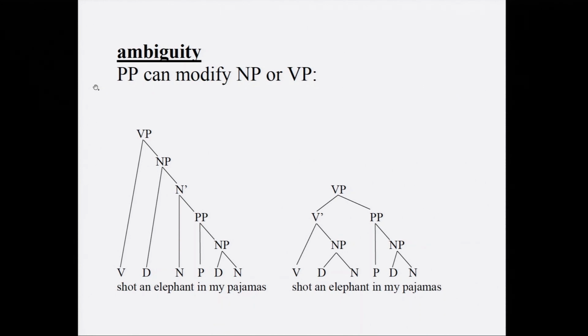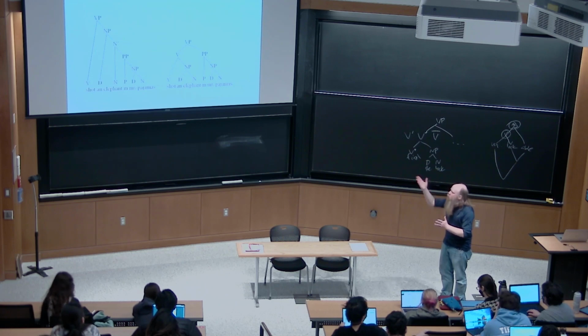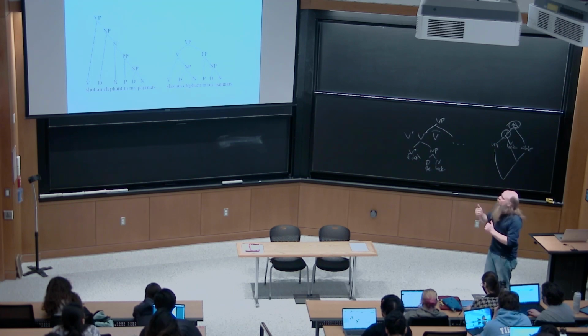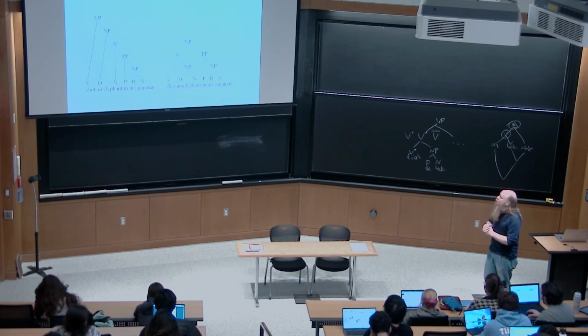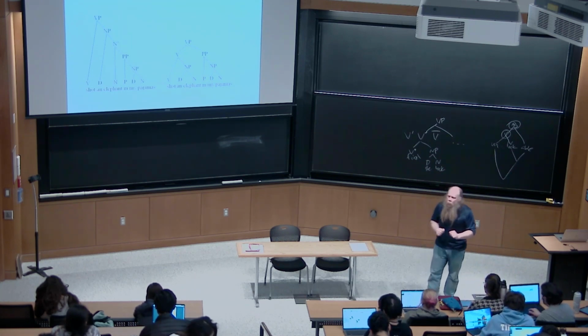And people who work on how people deal with ambiguities like this in real time, sort of processing, develop theories about where the preferences are for where prepositional phrases should be attached in a place like this, whether there's a preference for trees like the tree on the left or trees like the tree on the right. I think there isn't supposed to be a general preference for trees like the tree on the left. I think this is just supposed to be a case where, in principle, it's ambiguous. But people who work on processing have found places where there's a preference for one kind of tree over another. So that is something people work on.